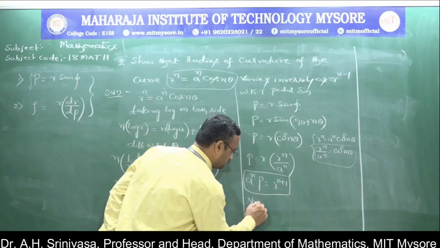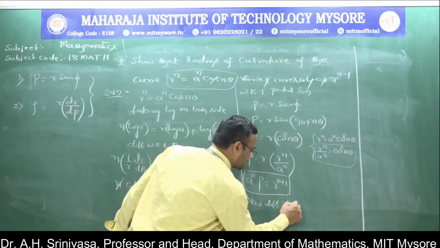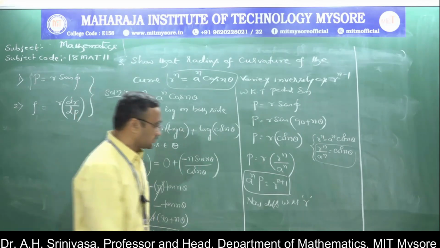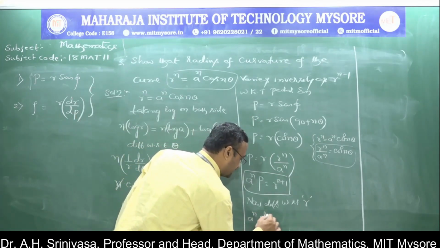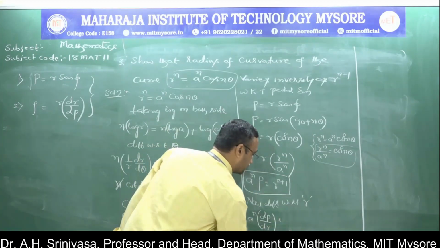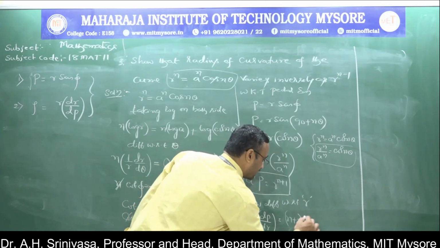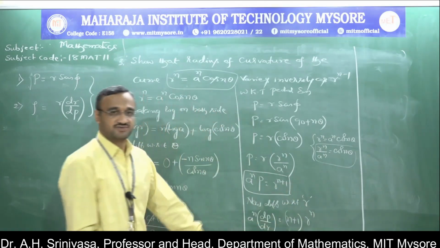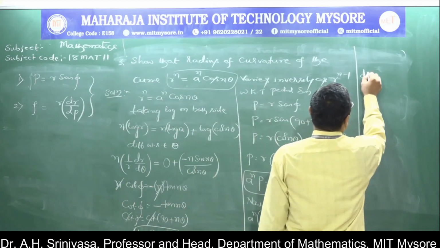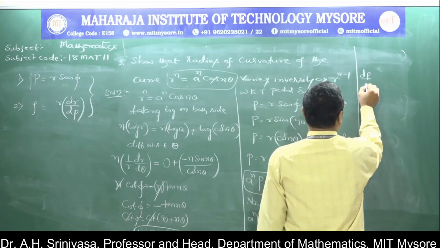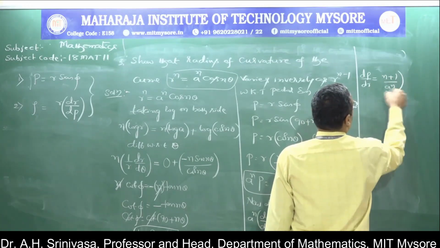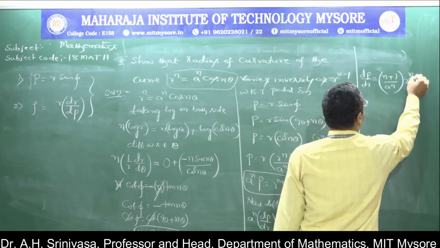Differentiating with respect to r, dp/dr becomes (n+1) r^n over a^n, with the differentiation concept.